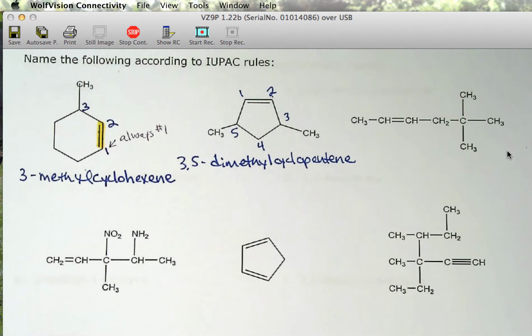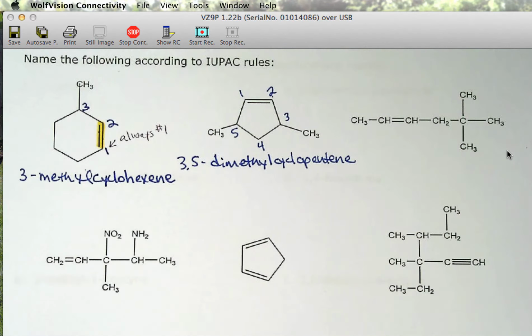All right, what about this structure here? This is not a cyclo. So find the longest continuous chain of carbons that contains the double bond. 1, 2, 3, 4, 5, 6. So I'm getting 6. Which way would you number? From left to right.